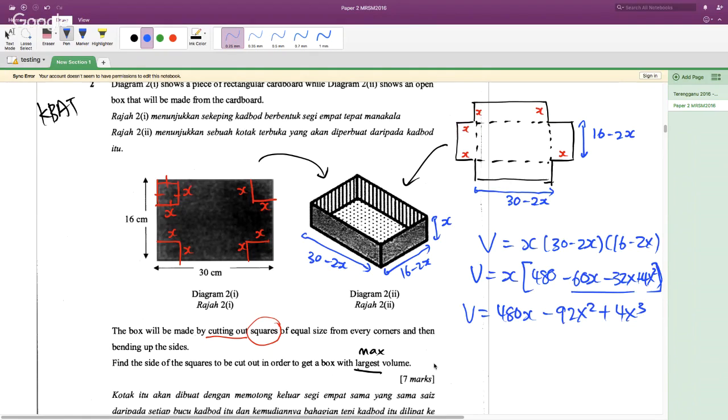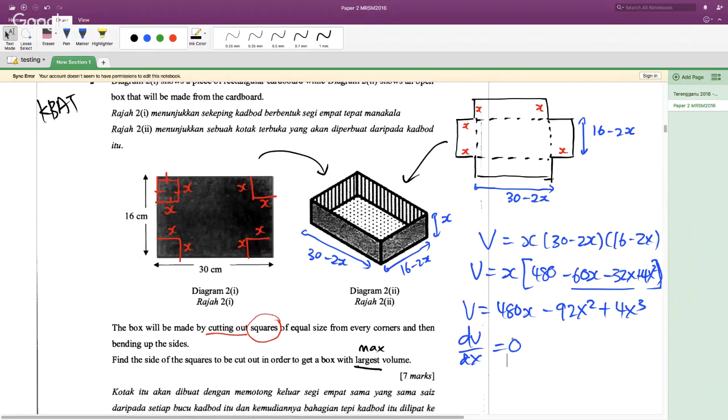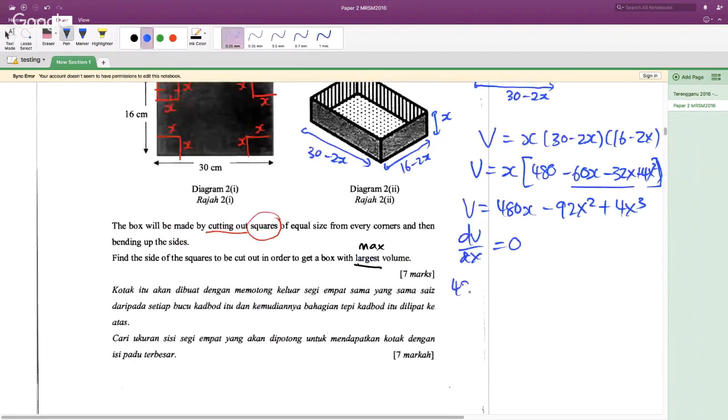Because of the maximum volume or largest volume, I know my dV/dx should be 0, because it is a maximum. So I will differentiate my volume. I get 480 minus 184x plus 12x squared equals 0. Then I'm trying to solve this equation.